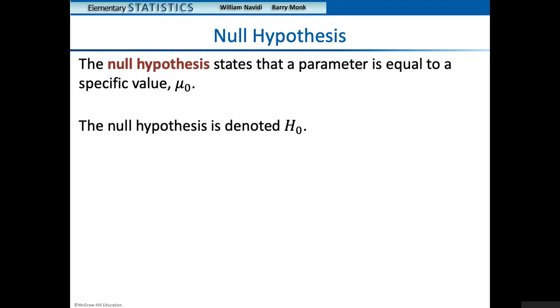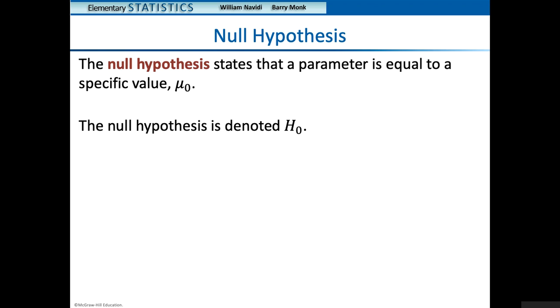The null hypothesis is always a statement essentially saying that nothing has changed, right? And it's typically phrased as a statement that a parameter is equal to some specific value. Now, in this section, the parameter that we are going to focus on is the population mean.